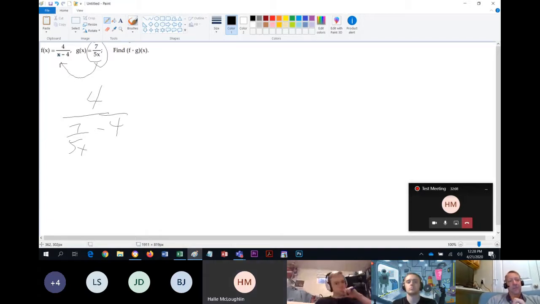How do we simplify? Can the 4s cancel? No. You multiply by the inverse of 7 over 5, to try and get it out of the denominator.